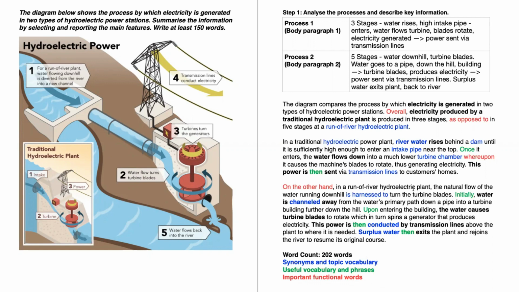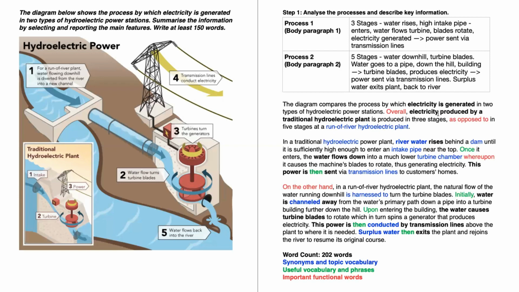So let's read it together, and I will stop for important things. We'll start here. The diagram compares the process by which electricity is generated in two types of hydroelectric power stations. Overall, electricity produced by a traditional hydroelectric plant is produced in 3 stages, as opposed to in 5 stages at a run-of-river hydroelectric plant.